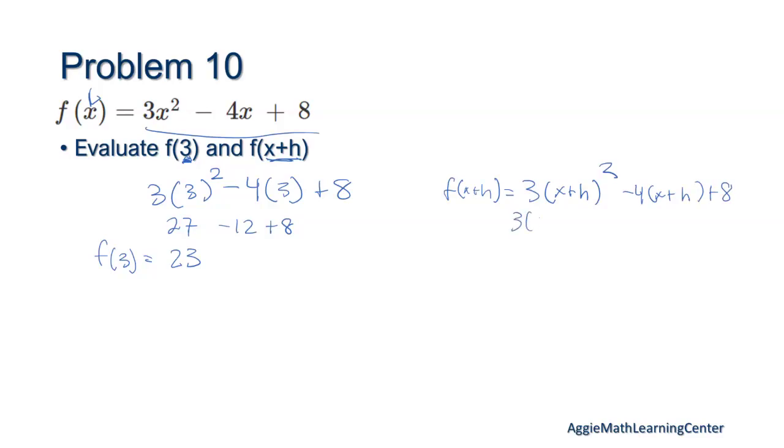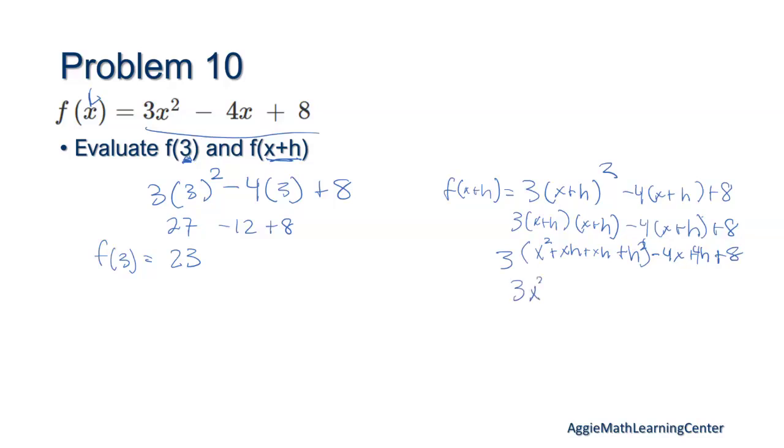So this will turn into x squared plus x times h plus x times h plus h squared minus 4 times the quantity x plus h, plus 8, and these ones are all times 3.